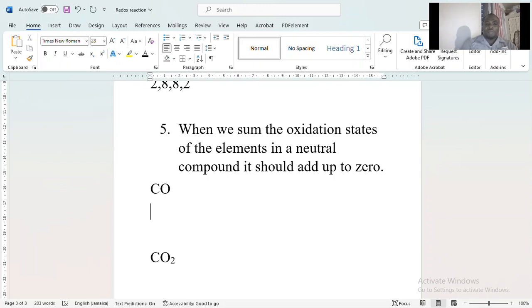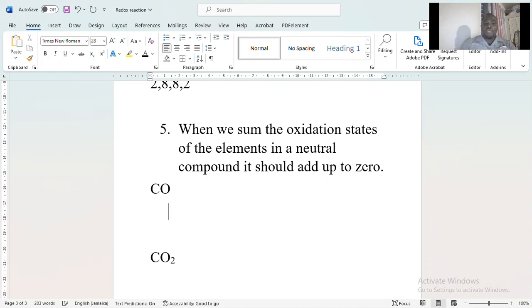You're going to be getting the carbon dioxide in an equation, but you can still use the concept of working out the oxidation state because, as I said, if you can get it for the elements, you can track and see which one the oxidation number is actually increasing or decreasing, and then you know who is being oxidized, who is being reduced. So with no further ado, we're going in.